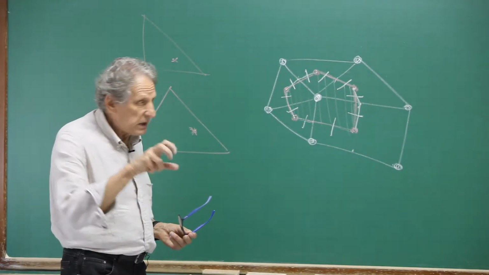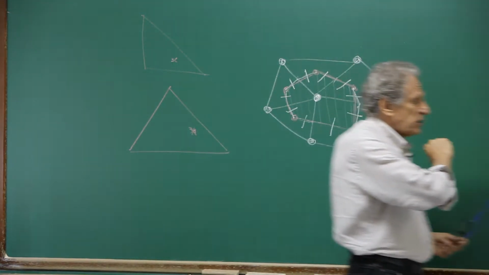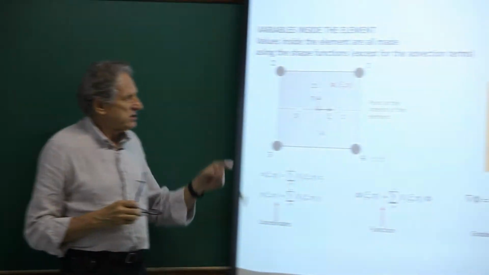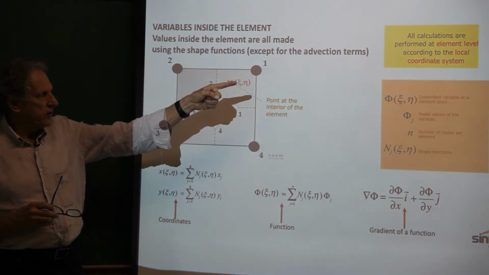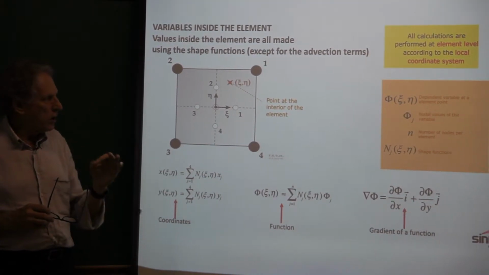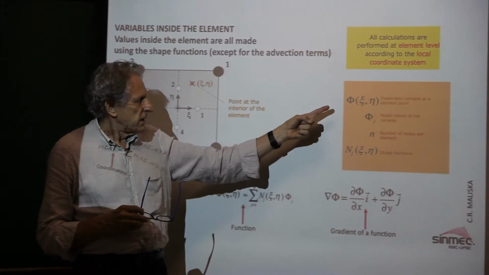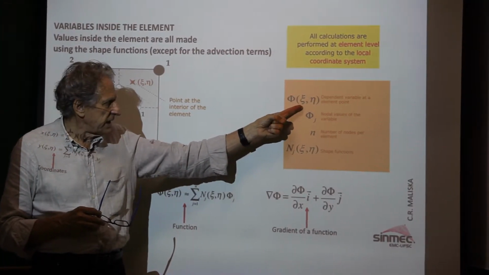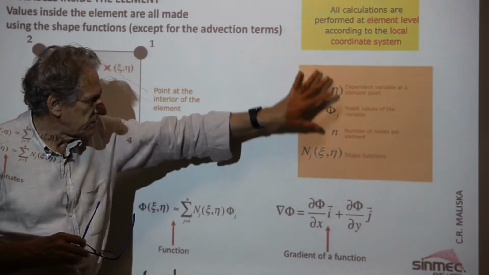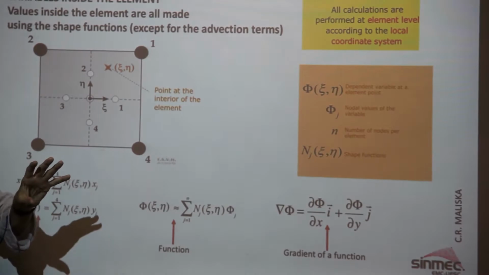As closing remarks here, all calculations are performed at element level according to the local coordinate system. So phi of x, xi and eta, phi, eta, shape functions, these are the entities.